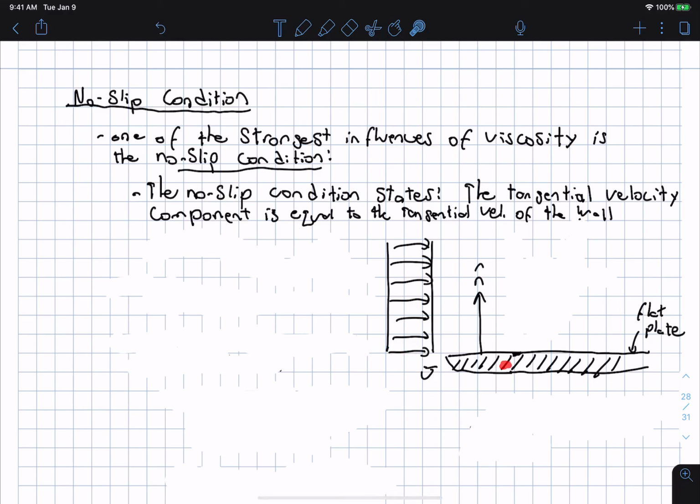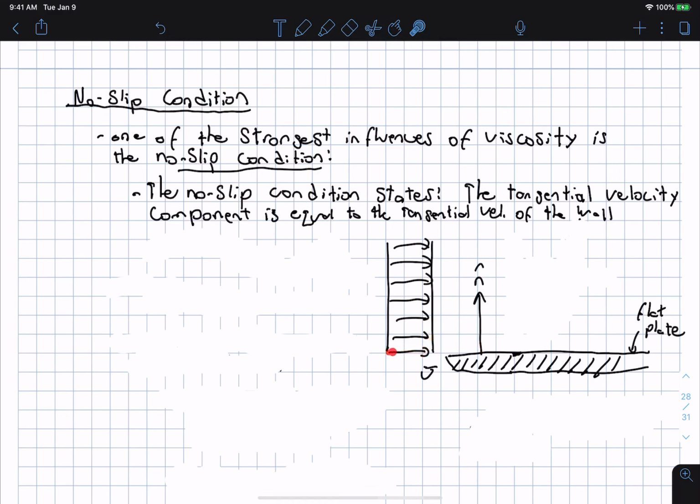So in other words, this plate is stationary, which means the velocity of the plate here is exactly 0. So the no-slip condition states that the velocity tangential to the wall is equal to the tangential velocity of the wall at the wall.